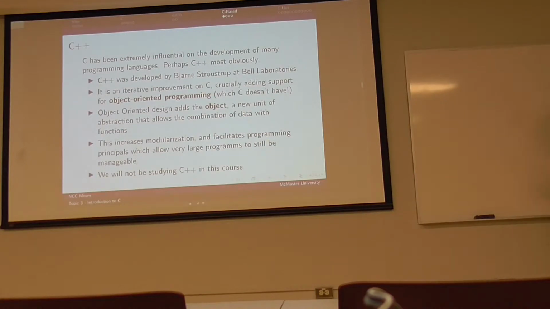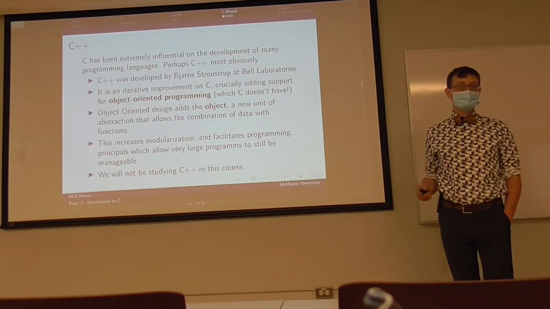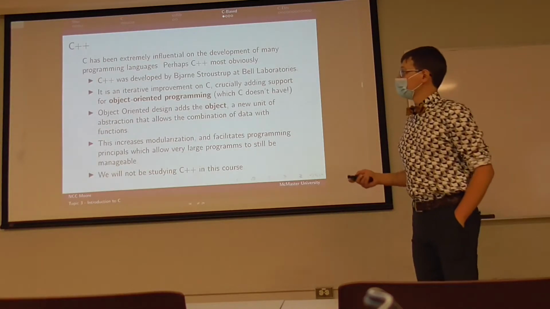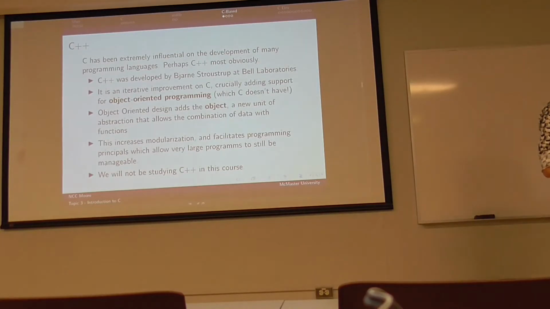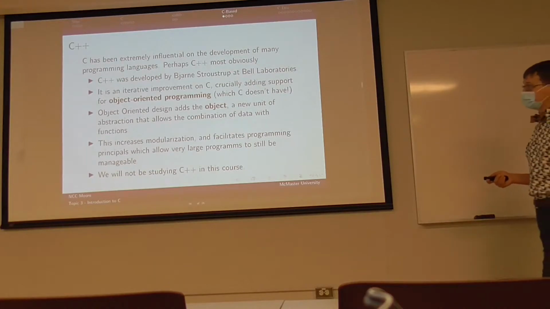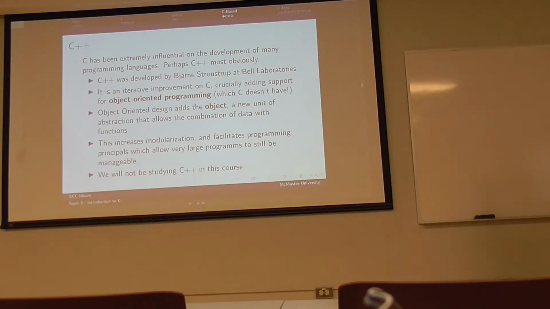So, I'd like to talk about a few C-based languages now, just to give you a flavor for things. So, let's talk about C++. C has been extremely influential in the development of many programming languages, perhaps most obviously C++. C++ was developed by Bjarne Stroustrup at Bell Laboratories.